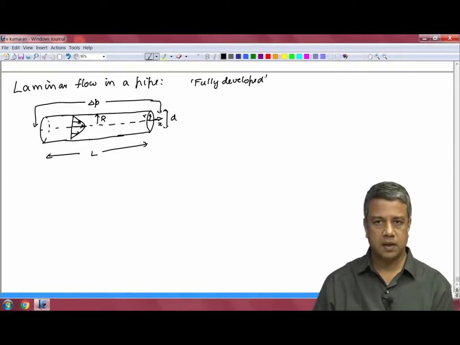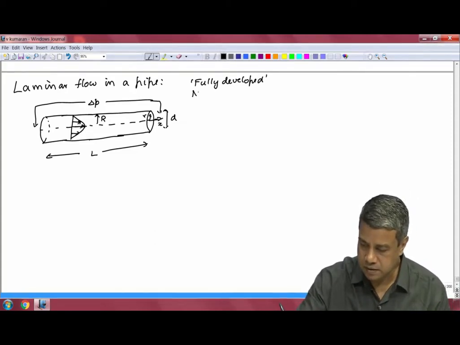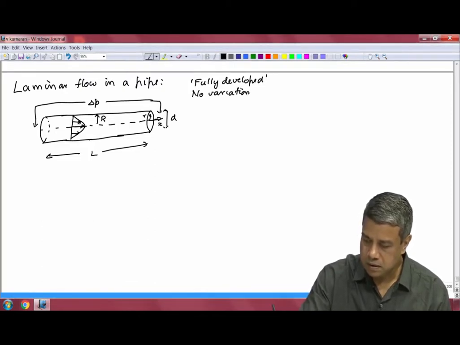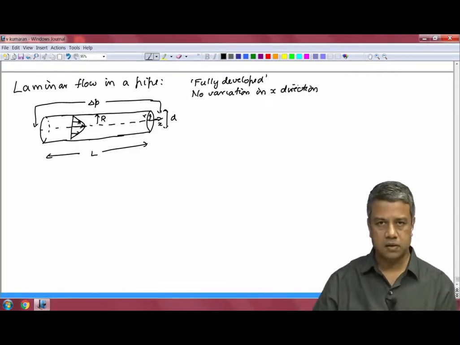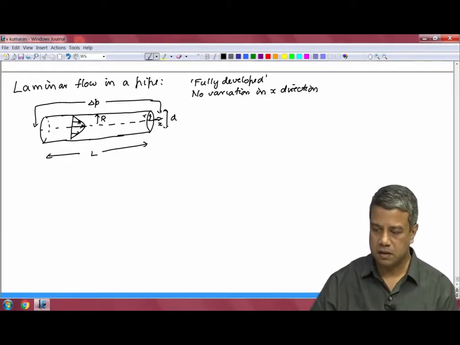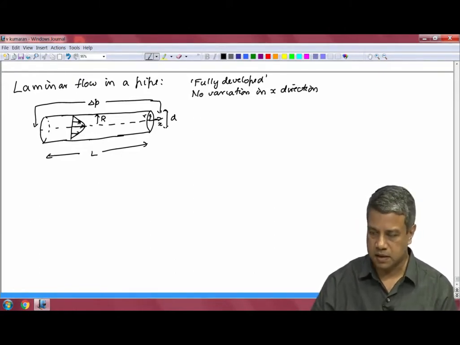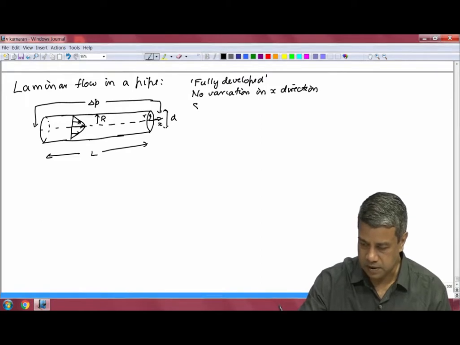That is, there is no variation in the x direction. There is no variation in the x direction, however, it could be steady or unsteady.